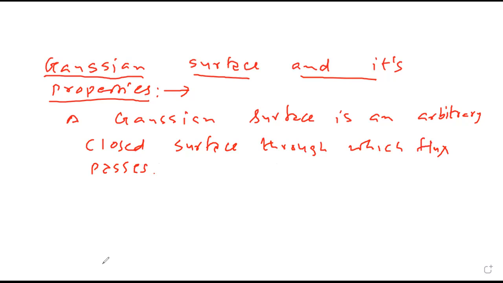It can be sphere, it can be cylinder, it can be cone, but it cannot be 2D surfaces like square surface. It will be closed surface. Right, this much, then properties we are writing.